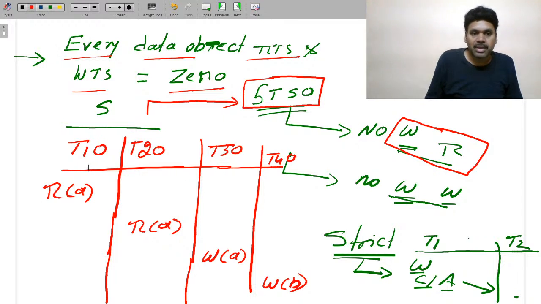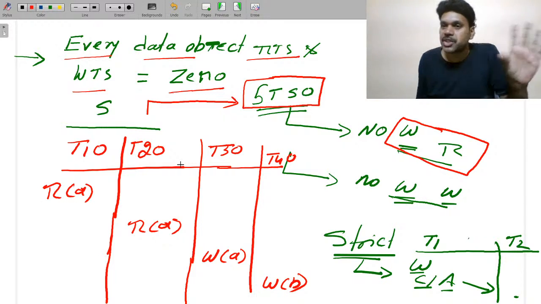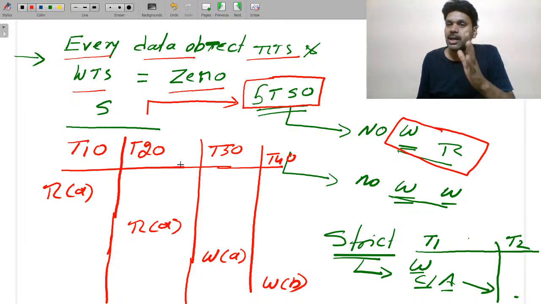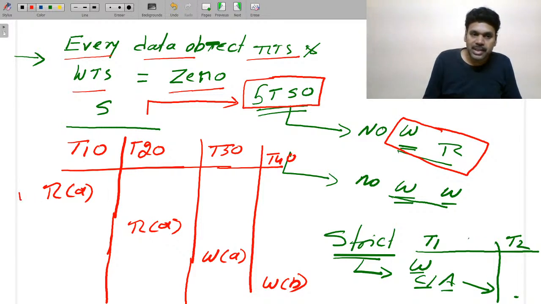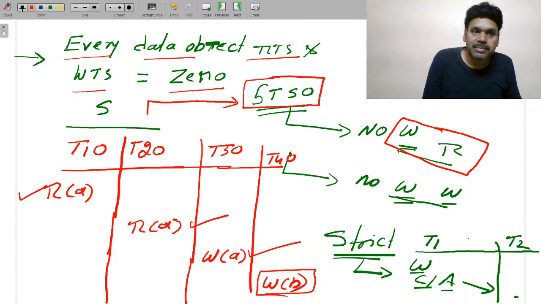Please observe, the strict timestamp protocol is mainly talking about the write action only, no read action. STSO's main intention is write action only. So this is allowed, and this is also allowed. This is object B, it's not A. Please observe carefully.